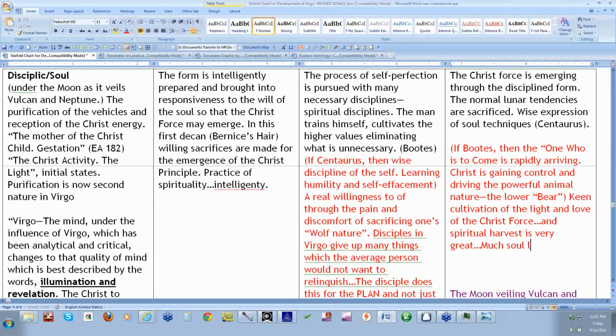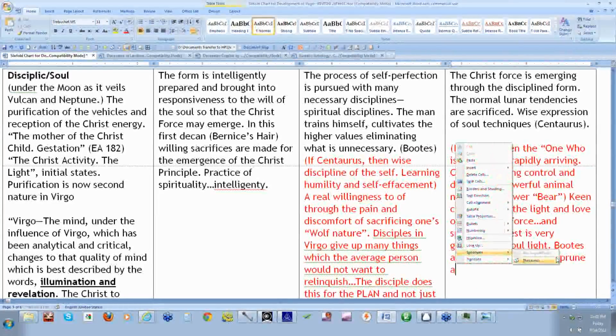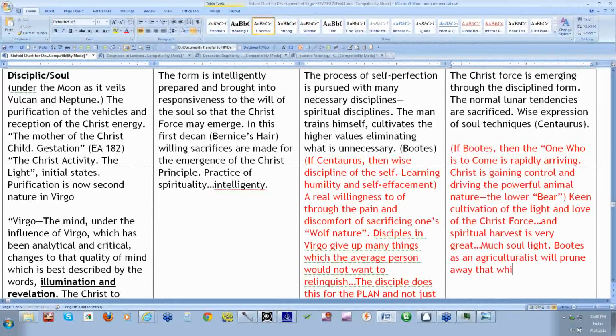Much soul light. Yes, Bootes will prune. Bootes, as an agriculturalist, will prune away that which is not needed for the full shining of the light.